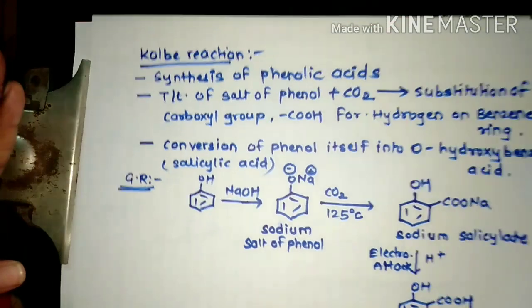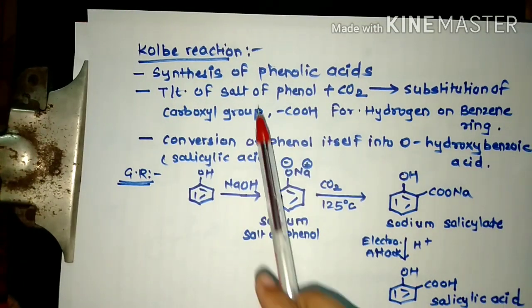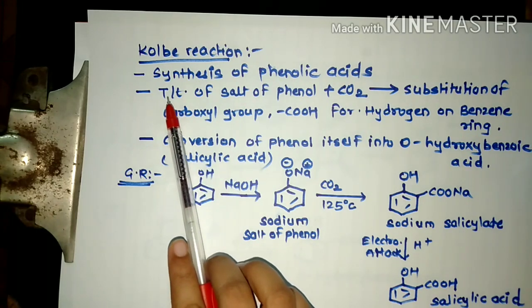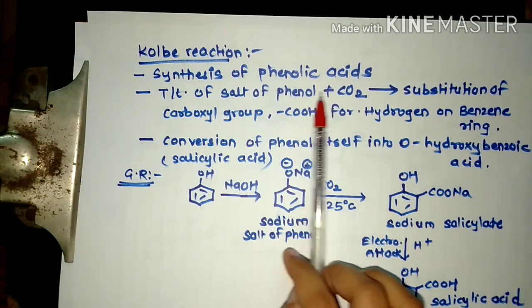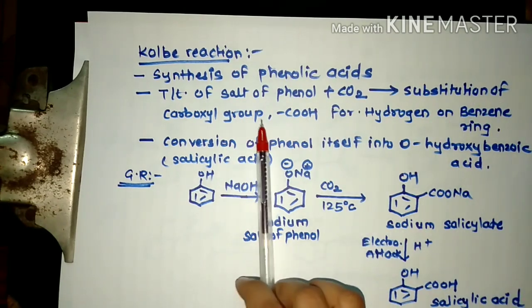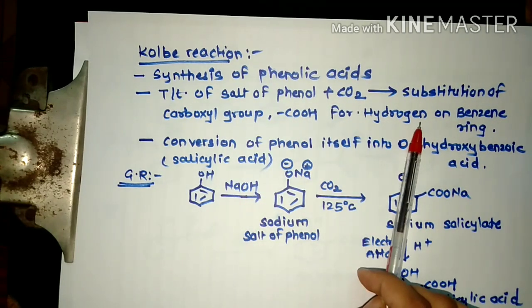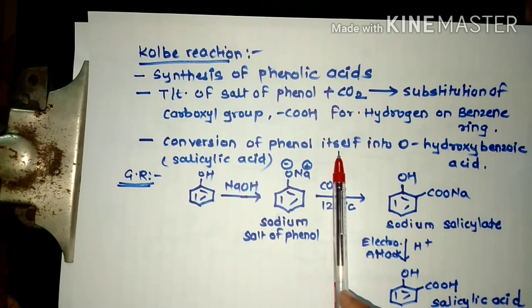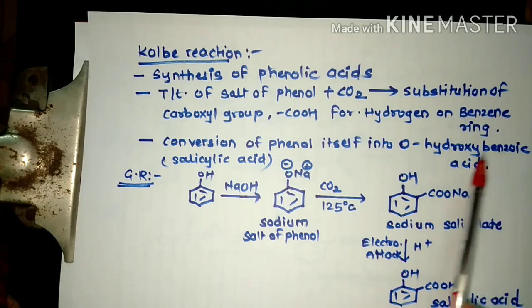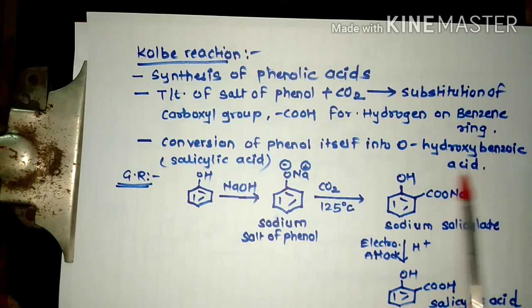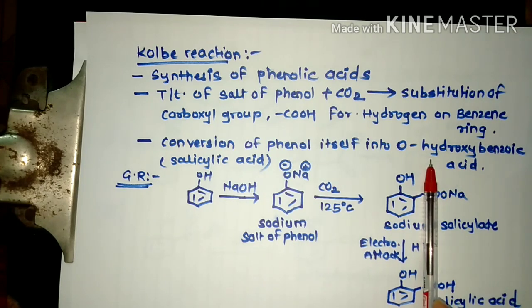Okay, let's again revise this Kolbe reaction. In this reaction, synthesis of phenolic acid takes place, in which treatment of salt of phenol plus carbon dioxide react with each other. Substitution of carboxyl group takes place instead of hydrogen on the benzene ring. Conversion of phenol itself into orthohydroxybenzoic acid is the product of your Kolbe reaction, which is also called salicylic acid.